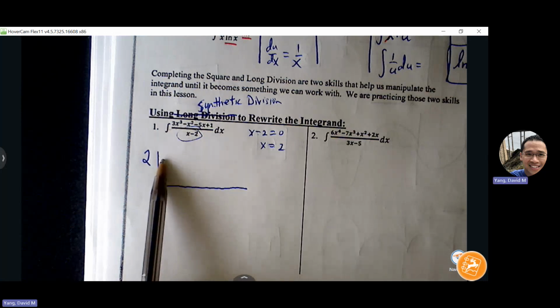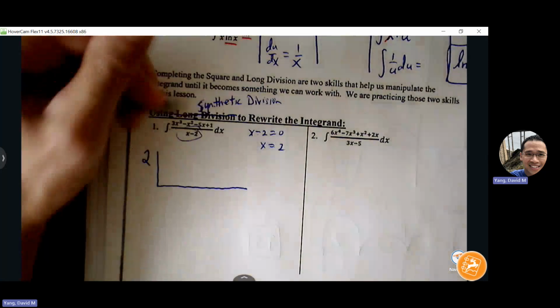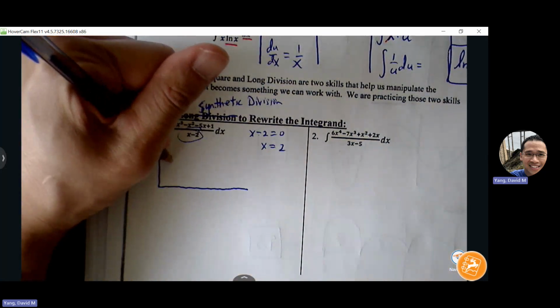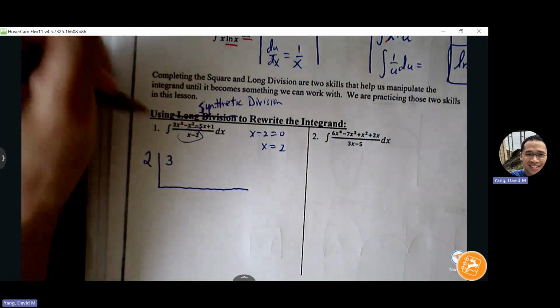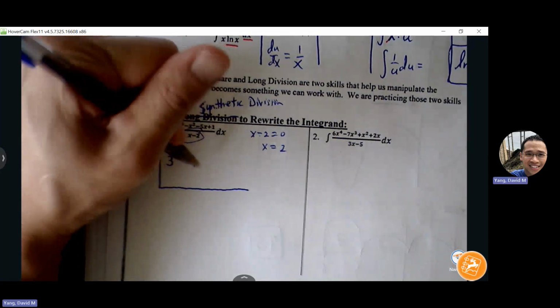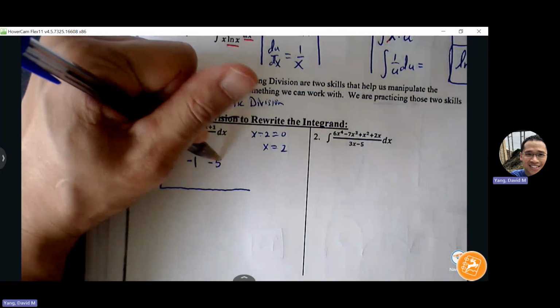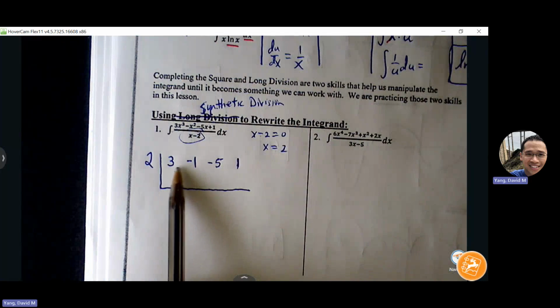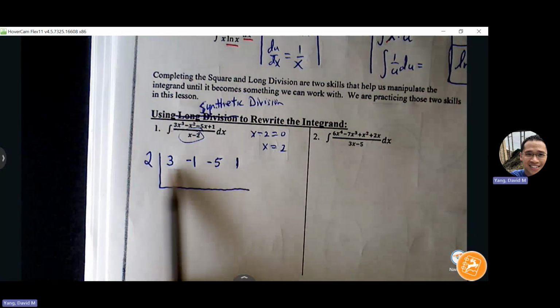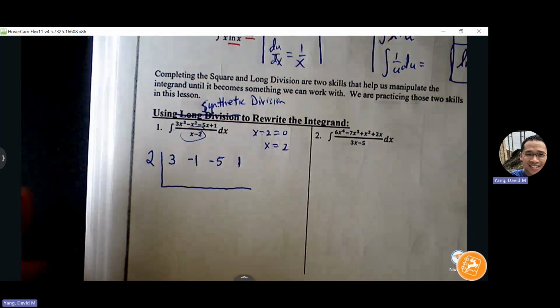So I just have to start off with the highest degree. My highest degree is x cubed. Don't put the x cubed there, just put the coefficient. So 3 followed by -1, -5, and 1. Are there any degrees that were skipped over? No, so that's fine. All these numbers are good.